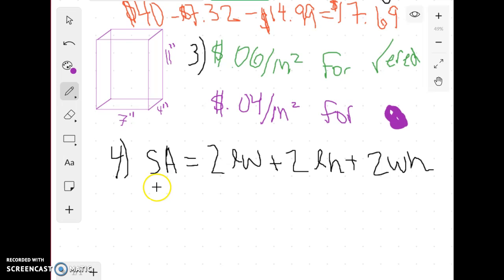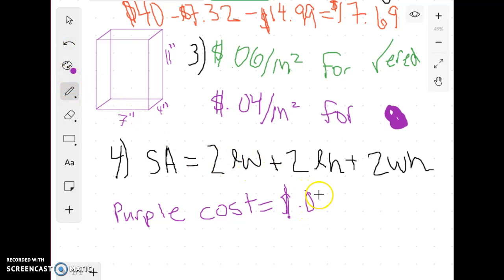So in order to calculate how much our purple wrapping paper will cost for our present, purple cost is going to be equal to 4 cents per inch squared times our surface area.